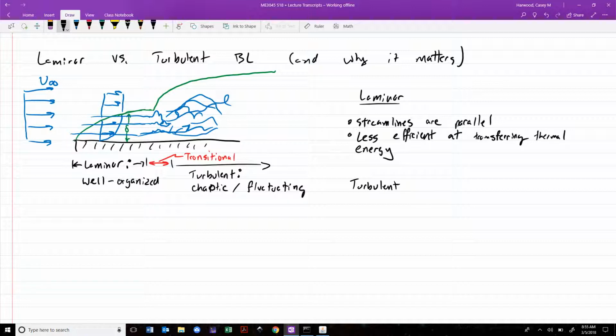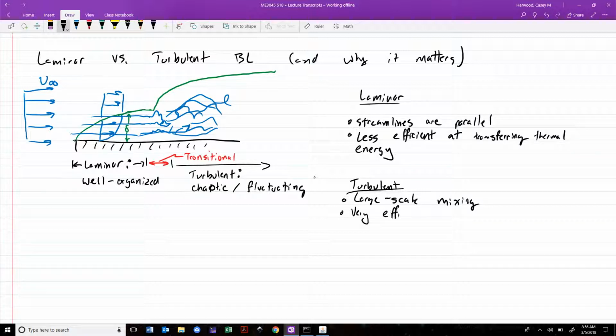Turbulent boundary layers are characterized by large-scale mixing. If you take a look at this, the idea is we're developing all of these eddies and roiling flows, which do an excellent job of spreading things through the boundary layer, one of those things being thermal energy.